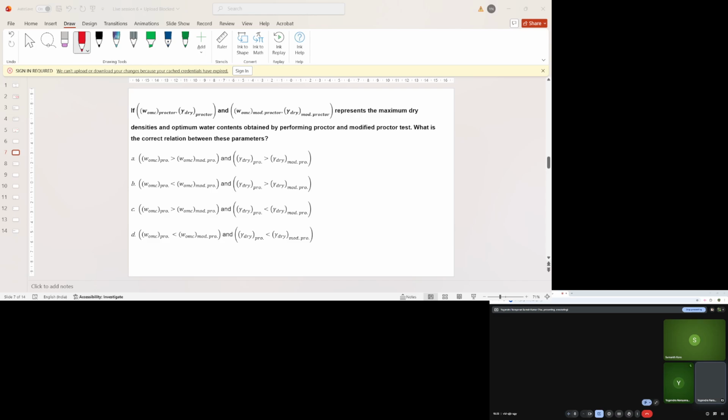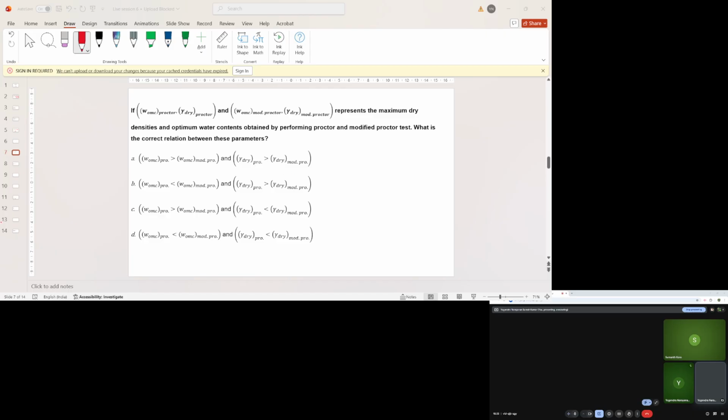So what will be the correct relation among these four options? These options give you the comparison between optimum moisture content and dry density, right?